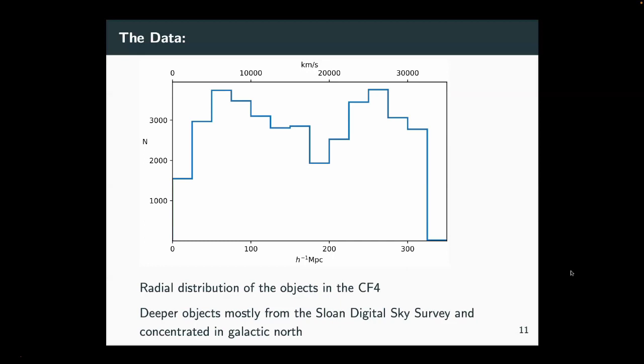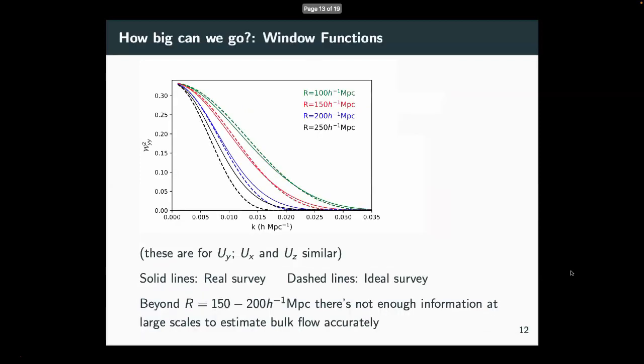Notice that if we had a full, ideal sampling of the volume, this would go up like R squared, because there's more volume at larger distance. But it's still nice that we have a flat distribution. It's important to keep in mind that this is not isotropic on the sky. Most of these are in the northern galactic hemisphere, and then the rest are more evenly distributed around the volume.